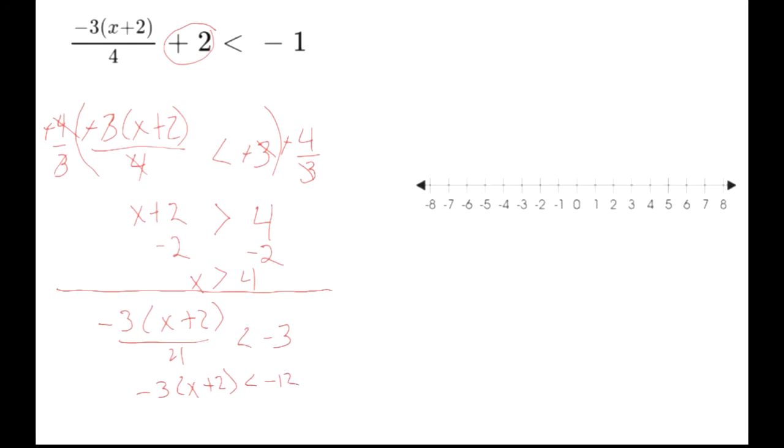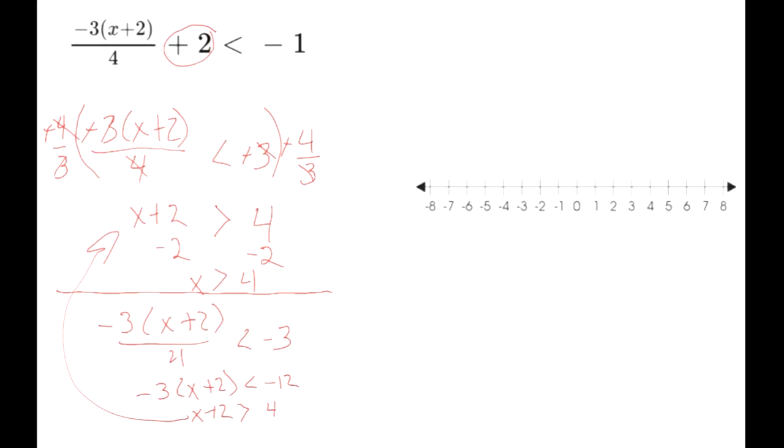Divide everything by negative 3 to give me x plus 2 is less than positive 4. But remember, if you multiply or divide by a negative number, you still got to flip that symbol. So I'm going to flip that symbol to greater than. And that's exactly what I got there. So now I've found that the solution set is that all numbers are greater than 4.